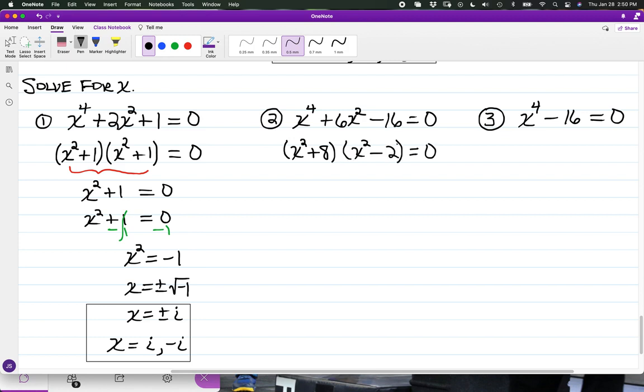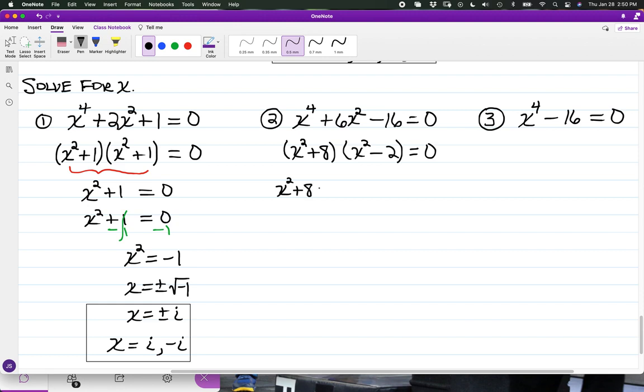Again, 8 times negative 2 is minus 16, and in terms of adding and subtracting, we have an 8 and a negative 2, where we have a positive 6 left standing.